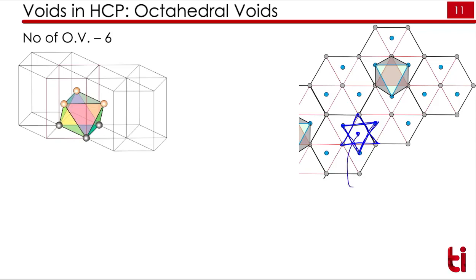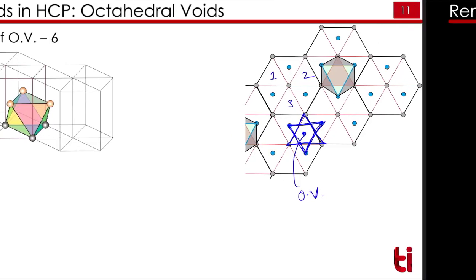So this is the octahedral void position, and you see there are 6 octahedral positions in 1 unit cell. So I will show it here: 1, 2, 3 on the bottom side, 4, 5, 6 on the top side.